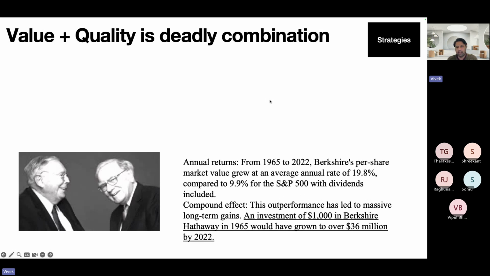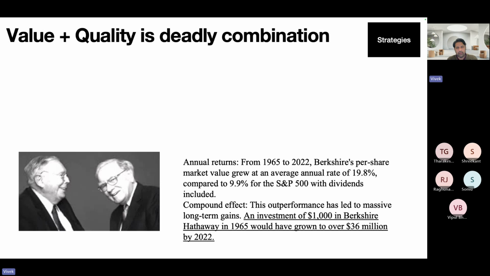Anyone who has invested with them in Berkshire Hathaway, I've just taken out some stats: if you had put $1,000 in Berkshire Hathaway back in 1965, that has now become 36 million by 2022. So clearly, this strategy works.